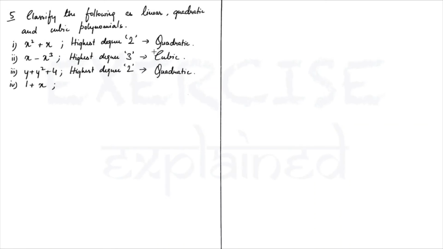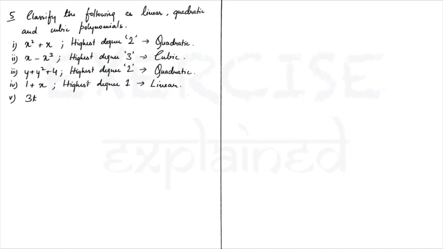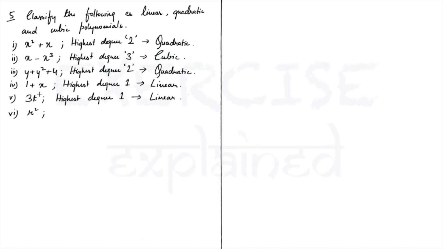The next question, y plus y square plus 4. So you can see the highest degree over here is 2. So it's going to be a quadratic. Again, coming to the next one, 1 plus x. Now x doesn't have a degree at all, so we consider it as 1, and thus it happens to be a linear polynomial. Coming to 3t, again t doesn't have a power, so what we will do is we'll consider it as 1, and the highest degree is 1, and thus it becomes a linear polynomial.